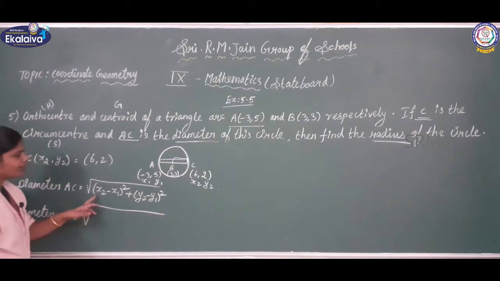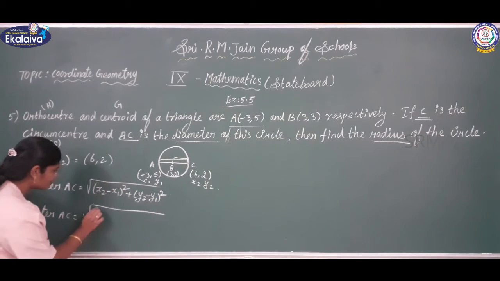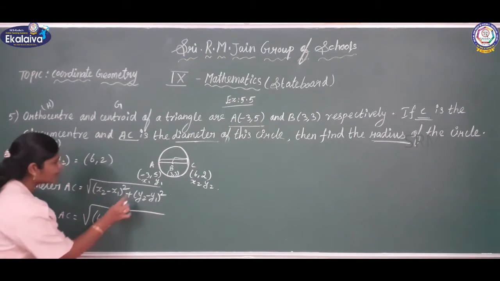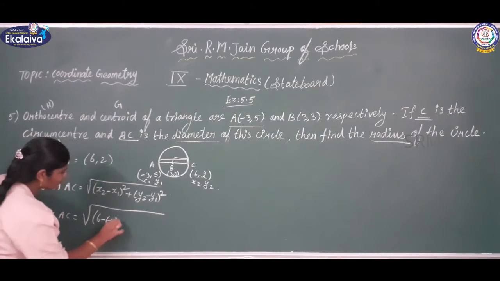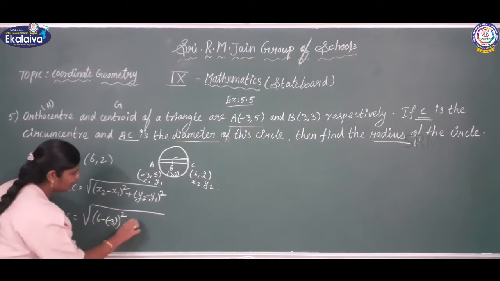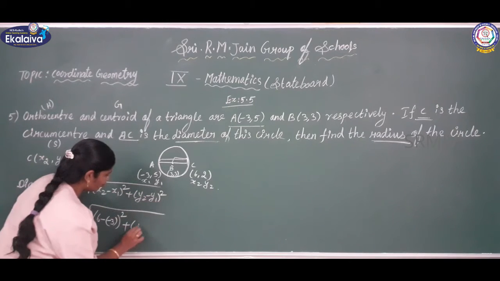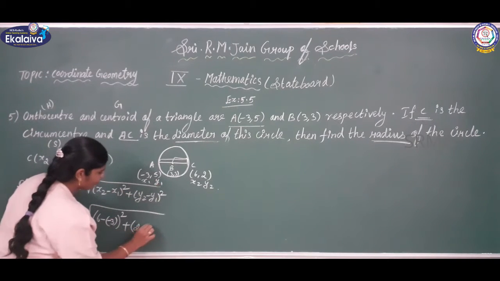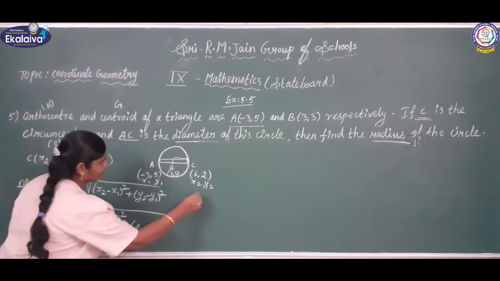Substitute the values here: x2 value 6 minus of minus 3, the whole square, plus y2 2 minus y1 5, the whole square.